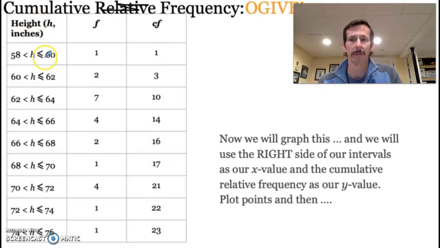So the first data point I would plot would be 61, because by the time I've gotten through 60 inches, I've accumulated 1 person. And then my second data point would be at 62 on your x-axis and a height of 3, meaning by the time I've gotten through 62 inches, I have a total of 3 people that were at most 62 inches.